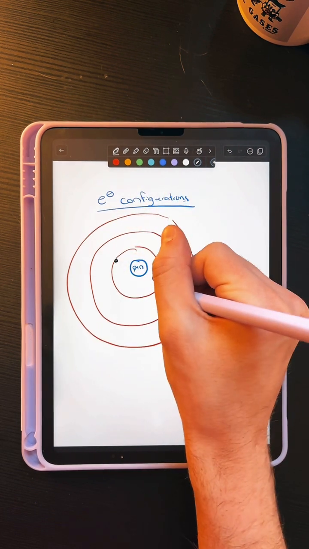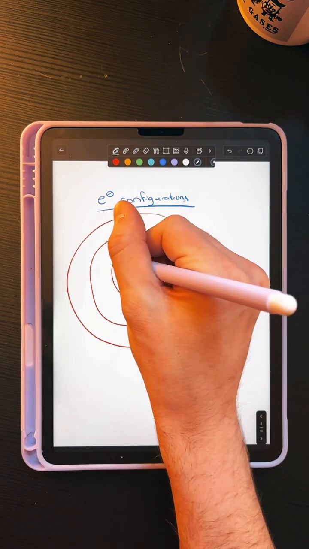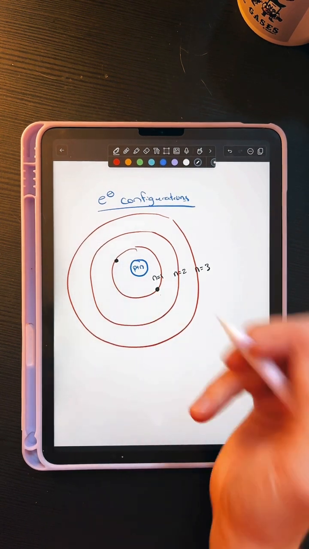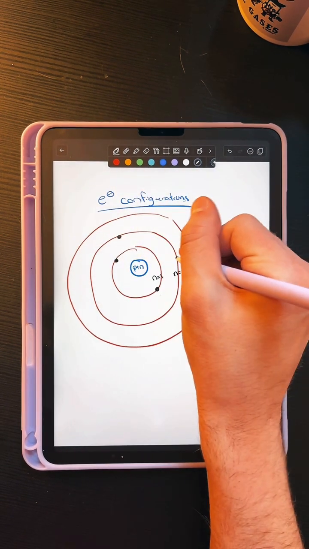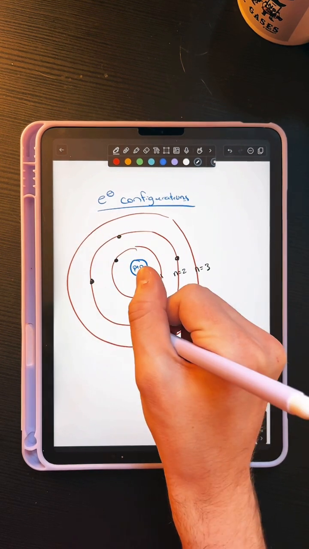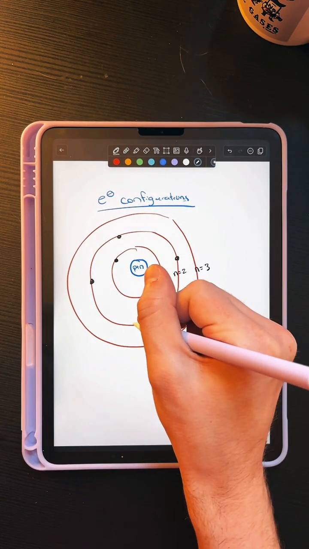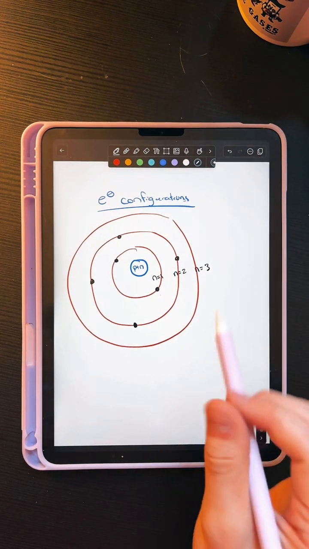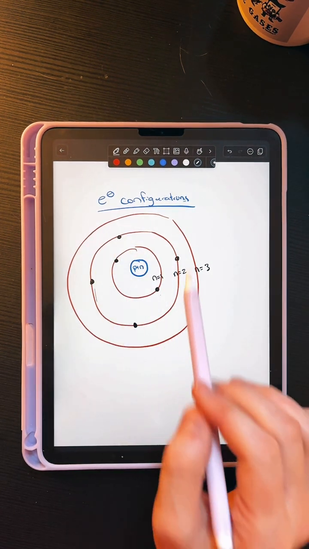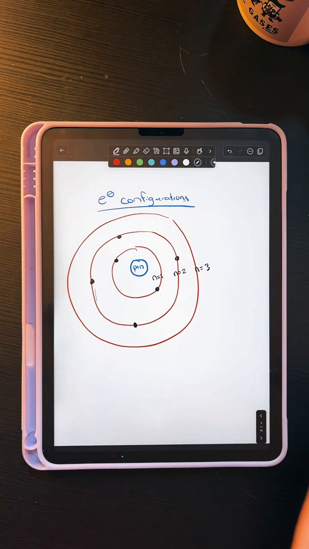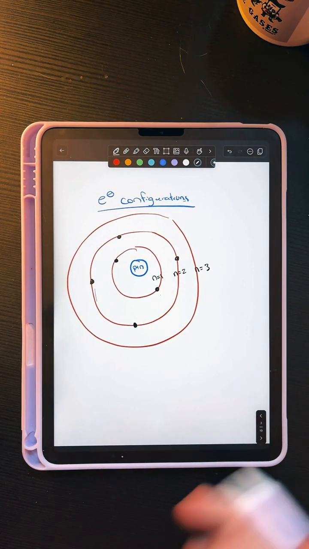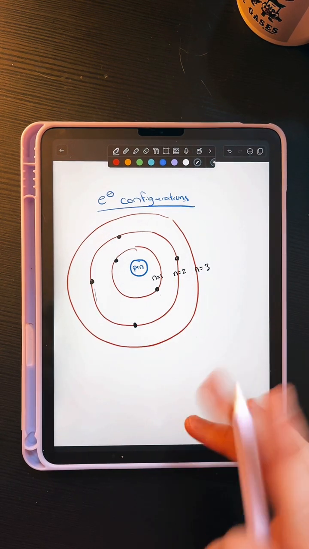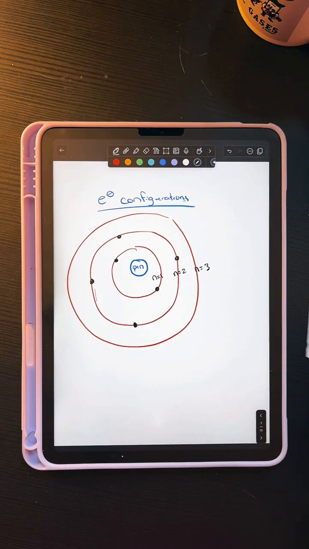Each one of these shells has a certain number of electrons in it. So we have n equals 1 has 2, and then we could have, let's say, 1, 2, 3, 4. Let's see if we did something like that, where we have our 4 electrons here. So it really depends on the shell, but each shell has subshells. So let's talk, I'm explaining this poorly.